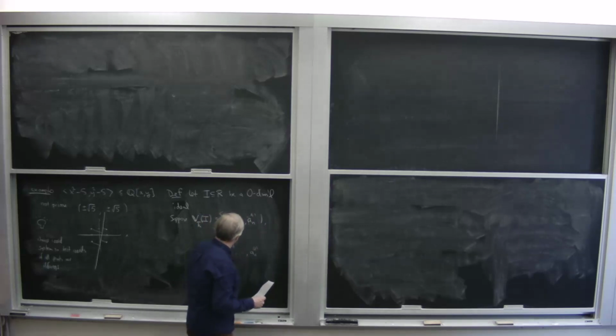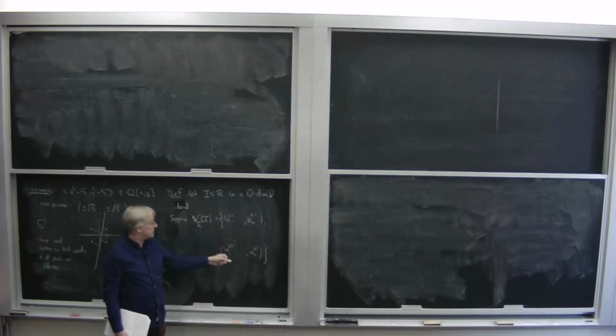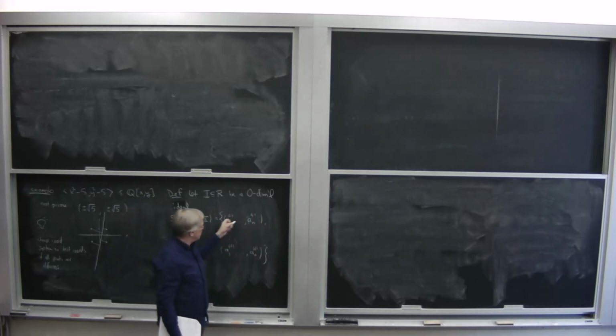So suppose it consists of D points, and these are the D points over the algebraic closure. So these things are all probably somewhat hard elements to compute sometimes, but at least theoretically we have them.